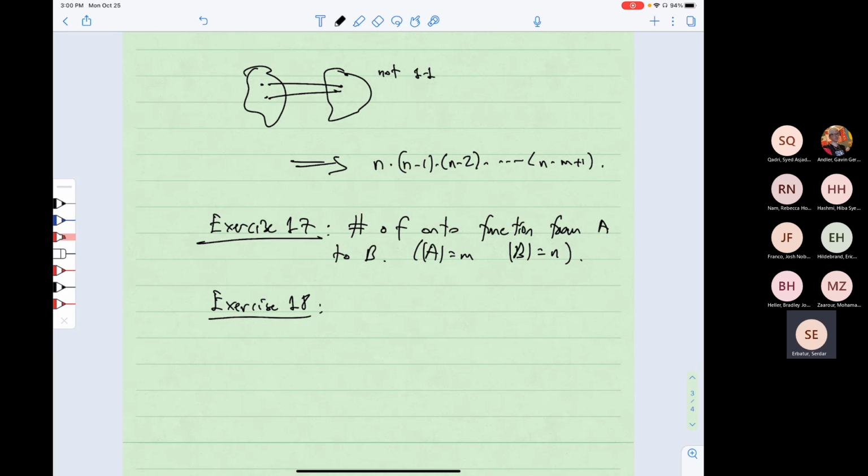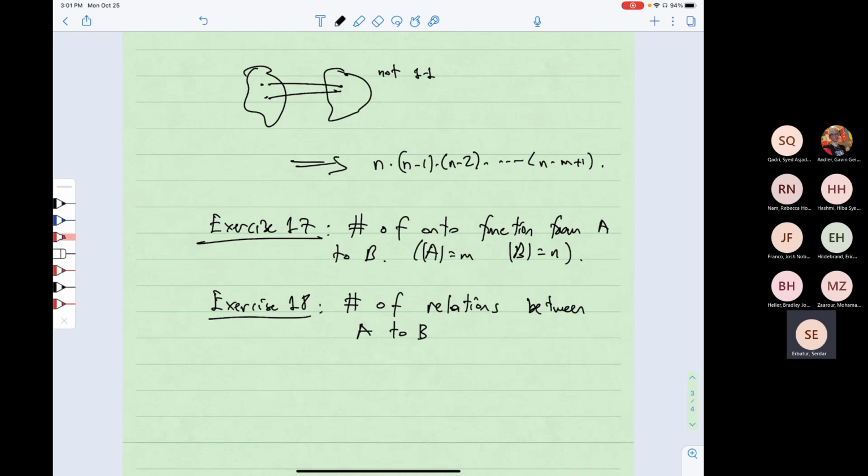You can count functions, then you can count the relations too. The number of relations from, or between, A to B. Well, you may not need to count for that. The reason is because of the definition.